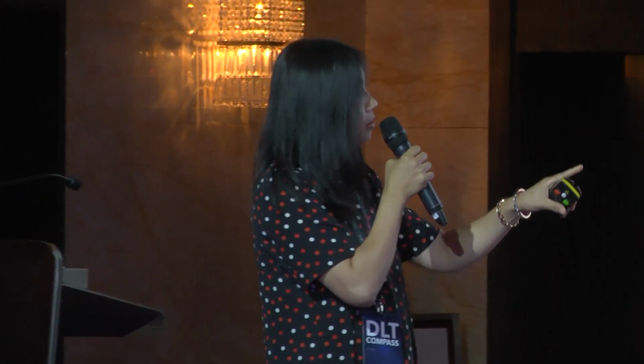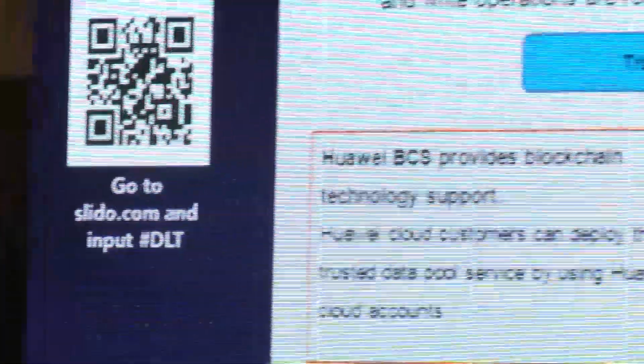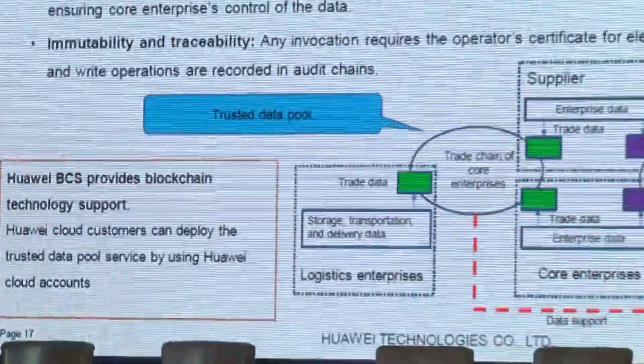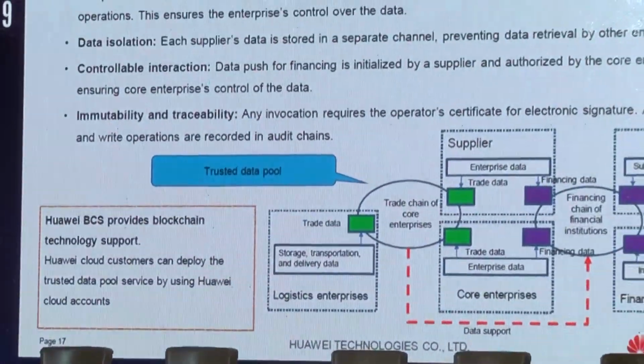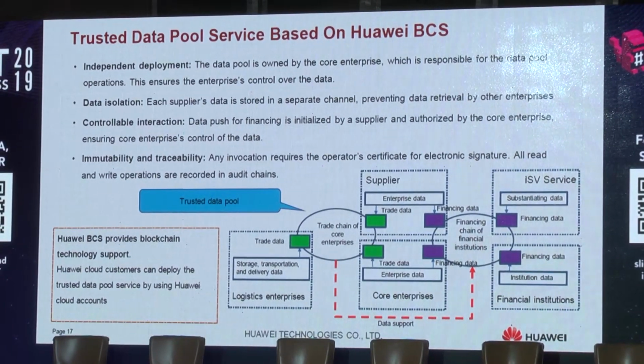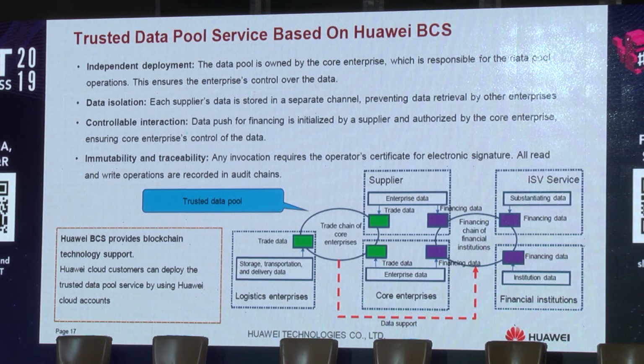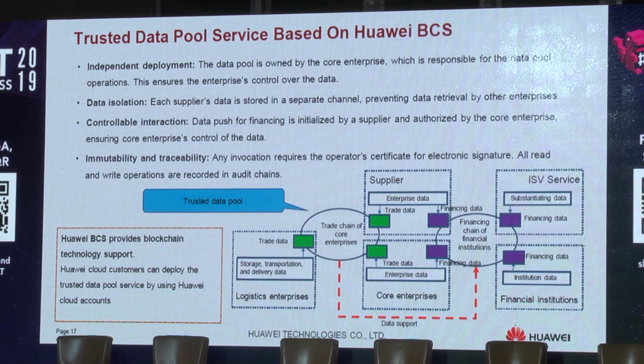So by this way, you can see the first part is the trade chain for the core enterprise, mainly including the trade data. This part of the data is controlled by the core enterprise. So the enterprise will govern the data security for this part. Currently, they register as one tenant on the public cloud to deploy the first chain to their own cluster environment.